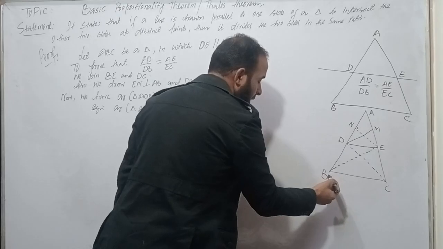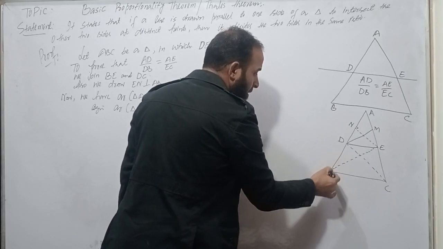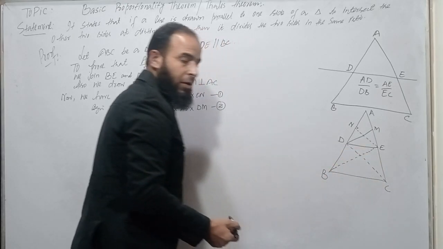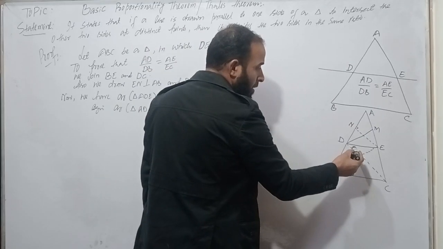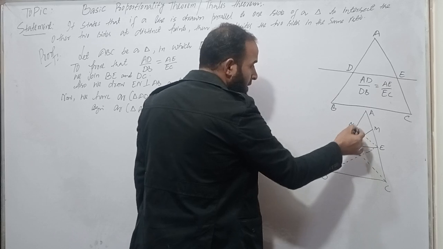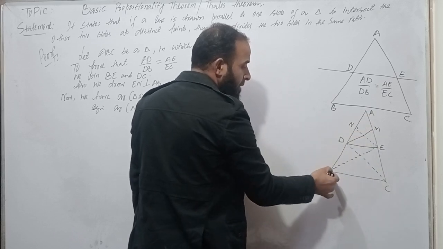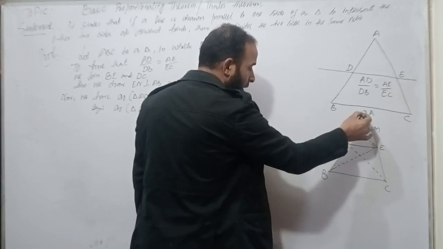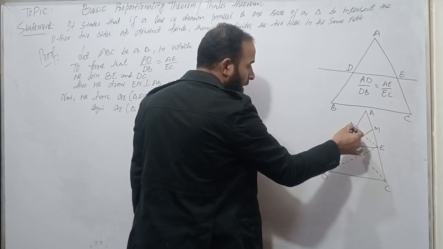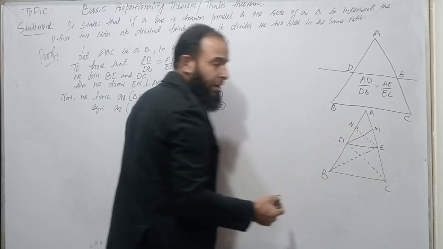Now see this triangle BDE. What will be its area? See, this EN is also perpendicular on AB. That means when BD gets extended to A, this EN is perpendicular on this side.